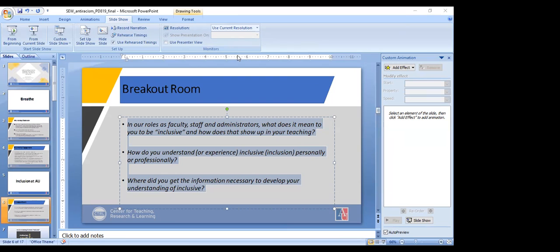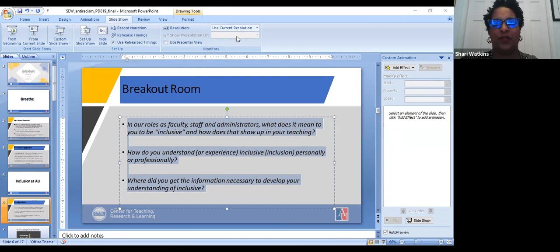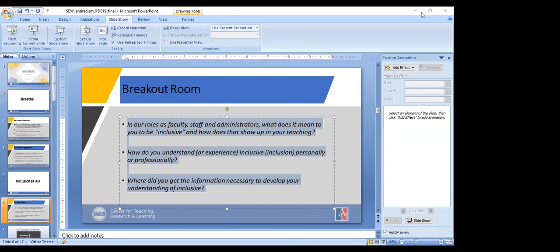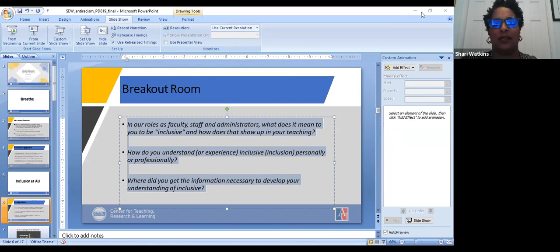I can just go into the groups and paste it there.